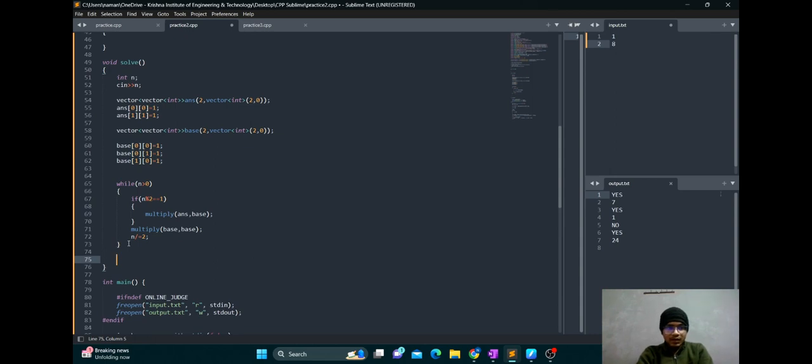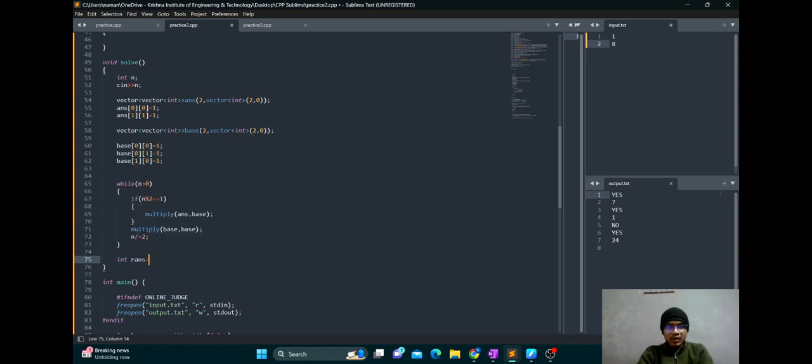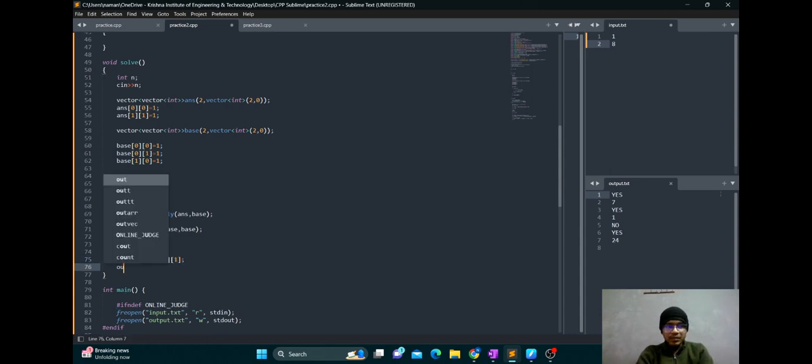At the end we will output the answer, which will be at the position answer of 0 and 1. We will print the answer.